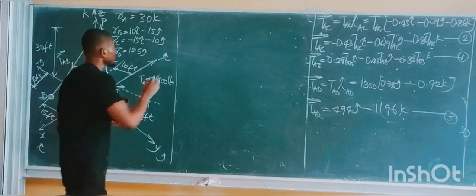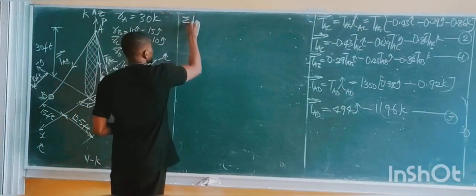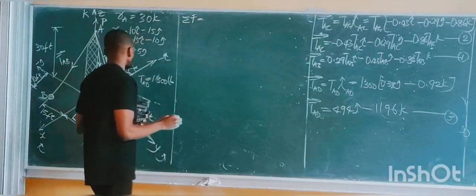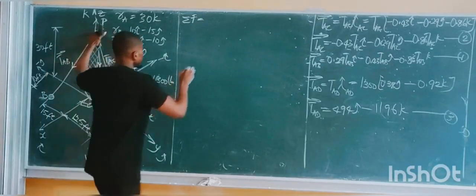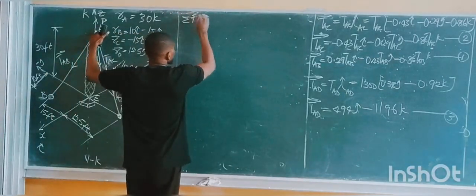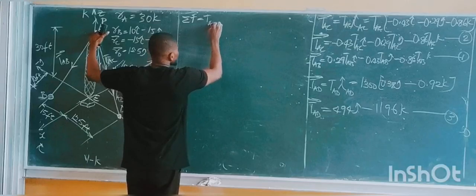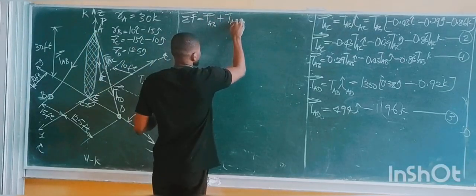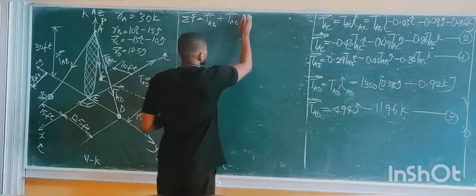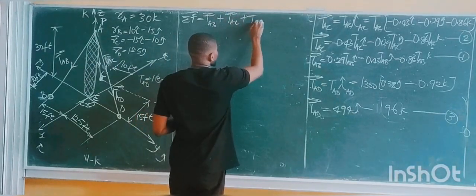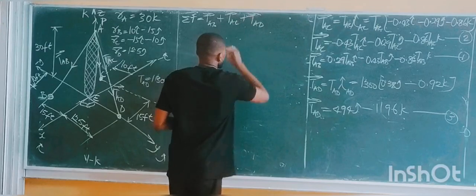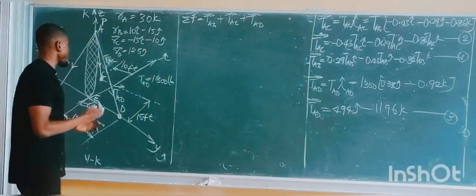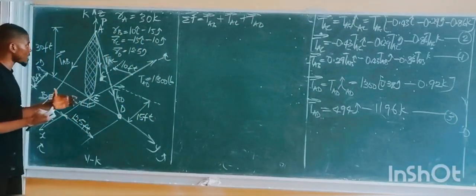The summation of force is the tension in cable AB plus the tension in cable AC plus the tension in cable AD. Not forgetting that there was a force acting from the cushion along the antenna line.